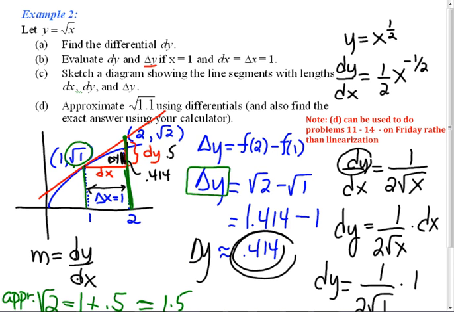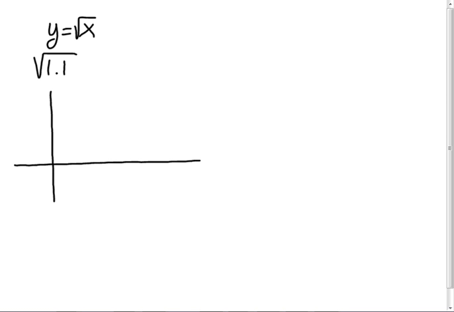So y equals the square root of x, and I want to find the square root of 1.1. So I'm going to graph my function again, and I'm definitely not going to be to scale. It's my goal. I don't have a calculator. What is the square root of 1.1?